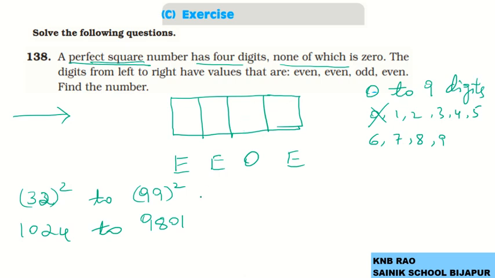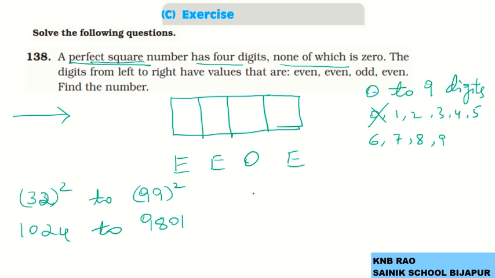See children, 99 minus 32 gives me 67, so around 66 or 67 numbers. Among these 67 numbers, which are 4-digit perfect squares, you identify with the condition.